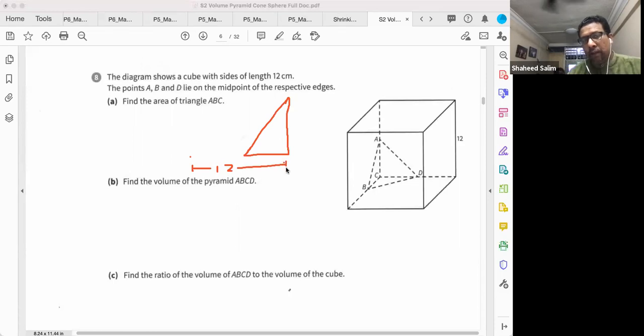They tell you this is the midpoint. So this must be 6. This is also 6 because midpoint. You know midpoint is middle. So you can find the area. What? Half times base times height. Well done. 18. Okay. Akila, okay now.